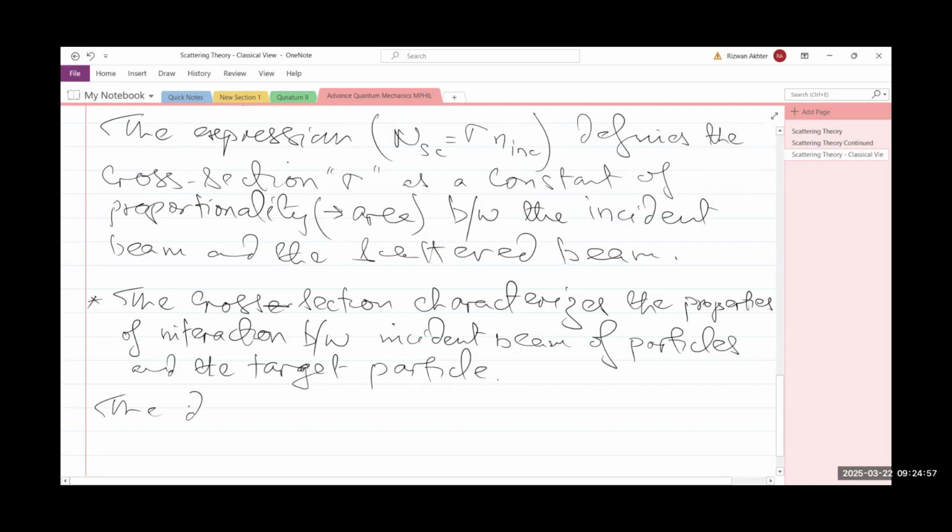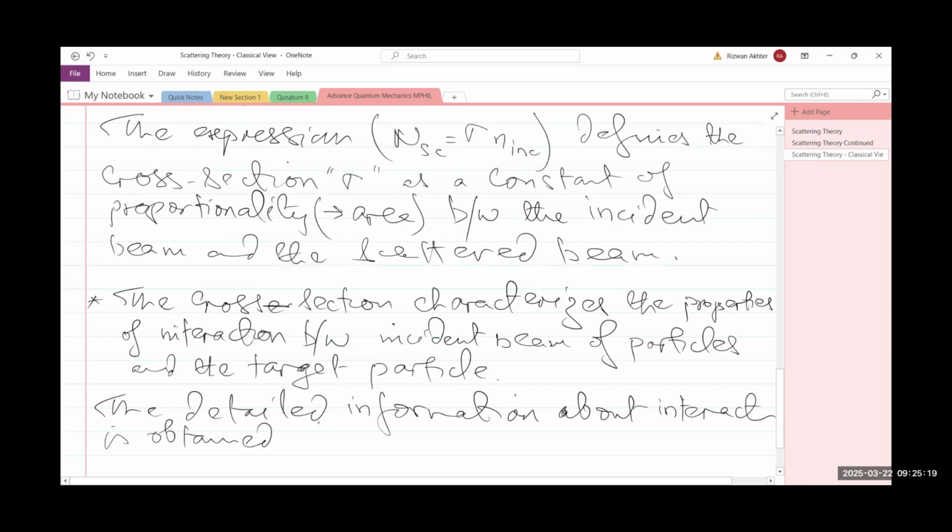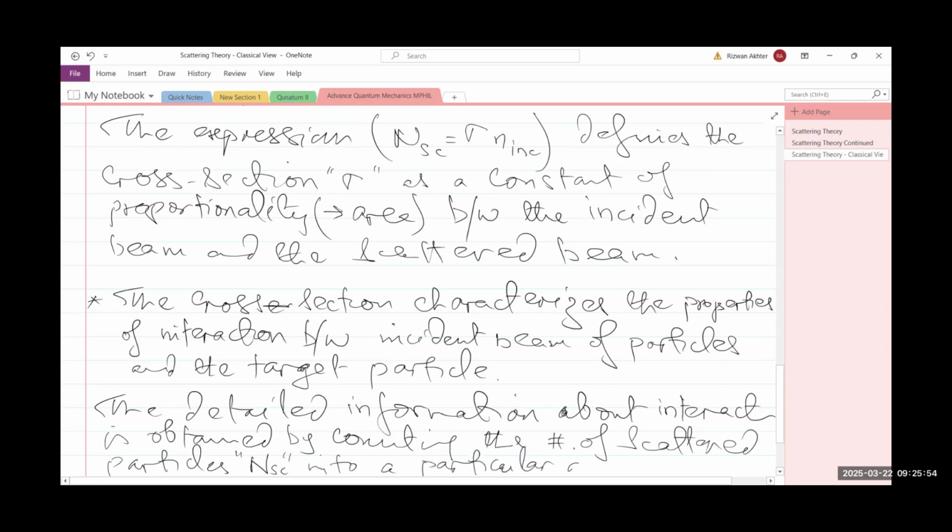So the detailed information about interaction is obtained by counting the number of scattered particles NSC into a particular direction characterized by theta and phi.